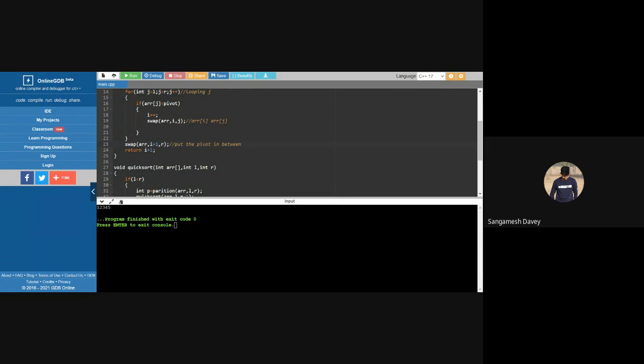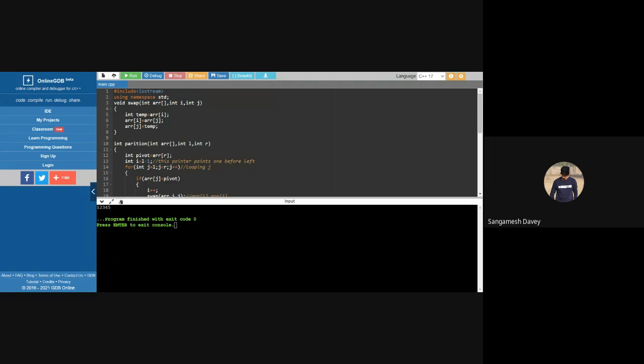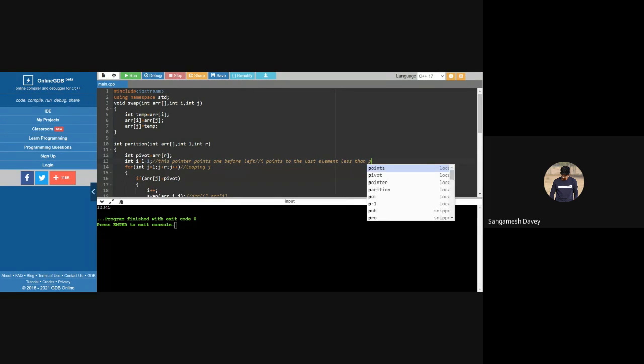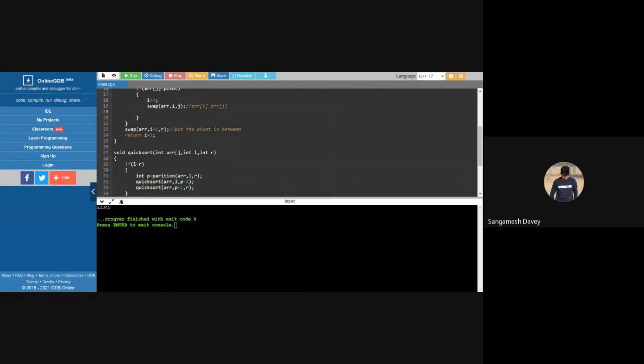So I was swapping I plus 1 and the pivot. I points to the last element less than pivot at the end of the iteration, and I plus 1 points to the element next to it. Then you swap I plus 1 and the pivot element to get the pivot in between. Once I've done that, I'm returning the pivot location.